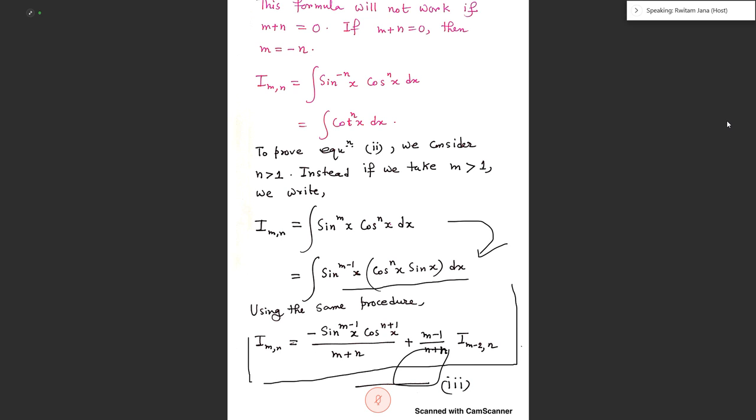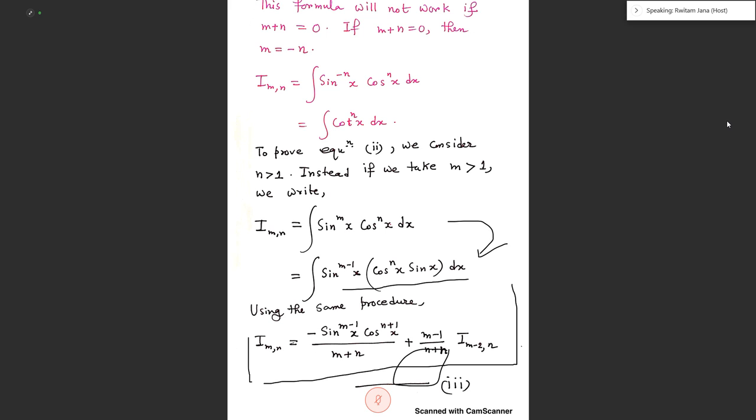If there are two parameters, m and n, first you have to see which value is smaller. If m is smaller than n, then you have to use equation number 3 as the reduction formula for the integration of sine to the power mx cos to the power nx, because it will decrease the m value faster.